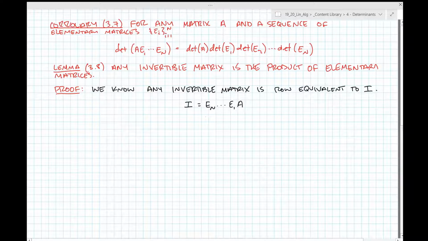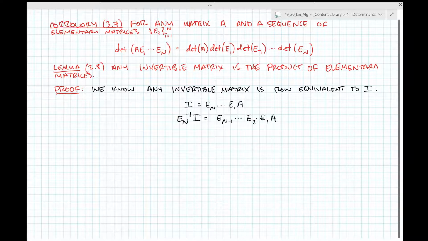So maybe the first thing I would do is undo the En with its inverse, and then I would have En minus 1 all the way down to E2, E1, and then A. Then I could undo the n minus 1 step and the n minus 2 step and the n minus 3 step, and we know all of these elementary matrices are invertible. We actually did a homework assignment on that, and what's more important is that the inverse of each of these elementary matrices is an elementary matrix itself.